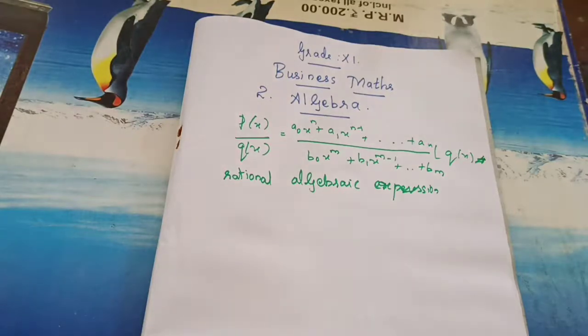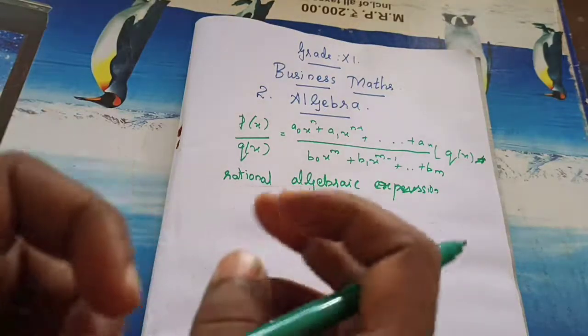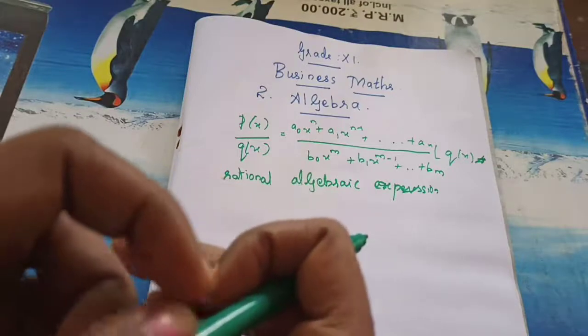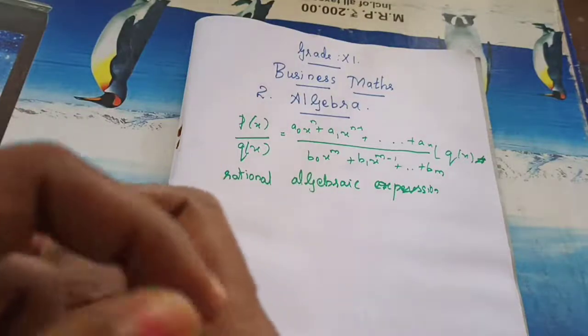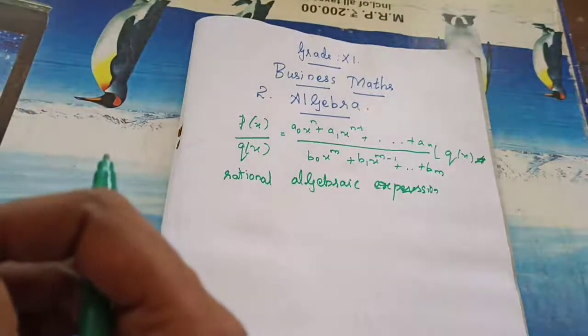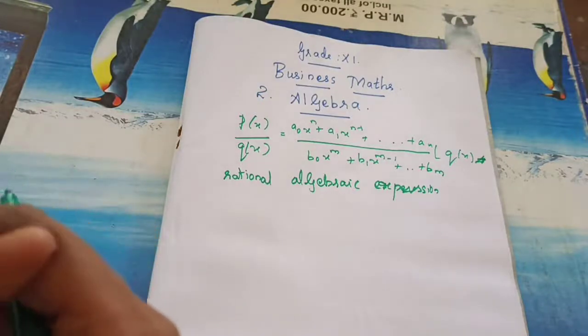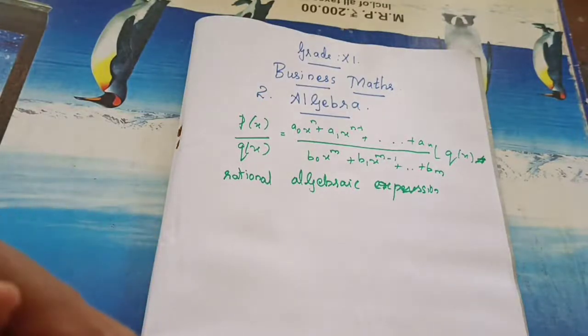So the denominator must be higher, then we say it's proper. If the numerator value is greater than the denominator, then you say it's an improper rational fraction. Have you got it? Numerator value less than the denominator means proper. Numerator value greater than the denominator means improper. Understand, all of you?